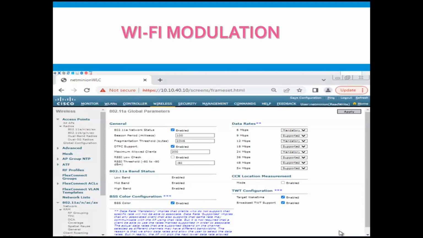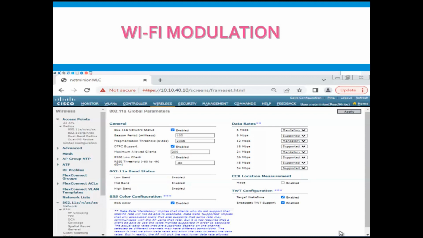We cannot say either it will change it or not, but it modifies. To what level, that it will decide. Very deep algorithms will come into the picture at that time. So what does modulation do exactly?